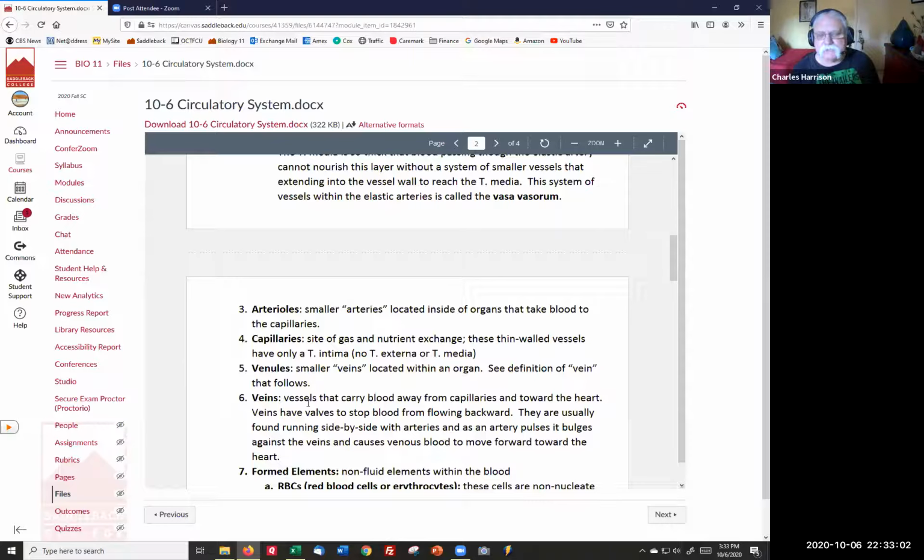Okay. Veins, these are larger. These have names, such as the renal vein or the vena cava. Okay, they're not in organs. They're running between organs or between organs and the heart. Veins are vessels that carry blood away from capillaries and towards the heart.